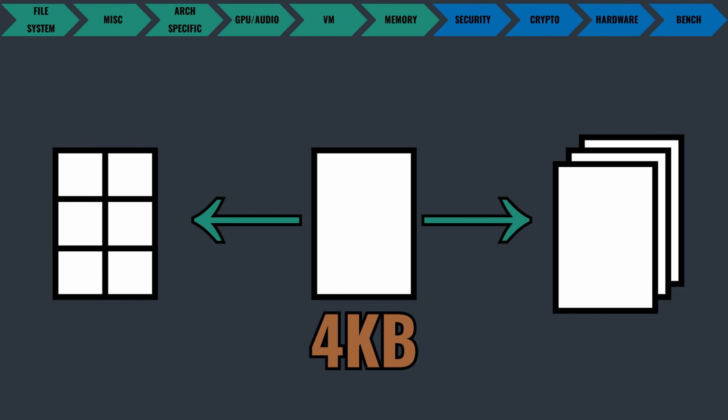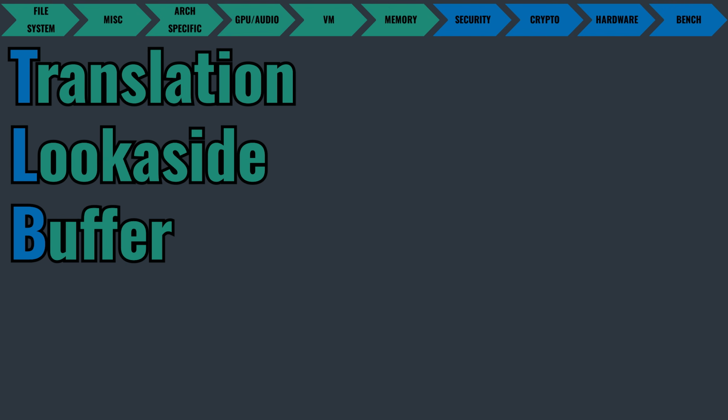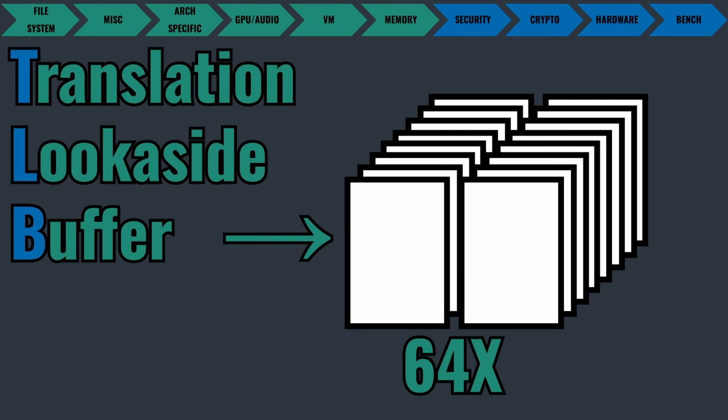Now, there is some really good benefit to trying to grow a page, because there's something called a TLB, a translation look-aside buffer, in your CPU. What it does is it saves the location of the last 64 pages that you've used. And when I say 64, that's actually the number of pages that a modern CPU can hold inside it. So the TLB will hold the location of those 64 latest pages, and it will be able to quickly find them.